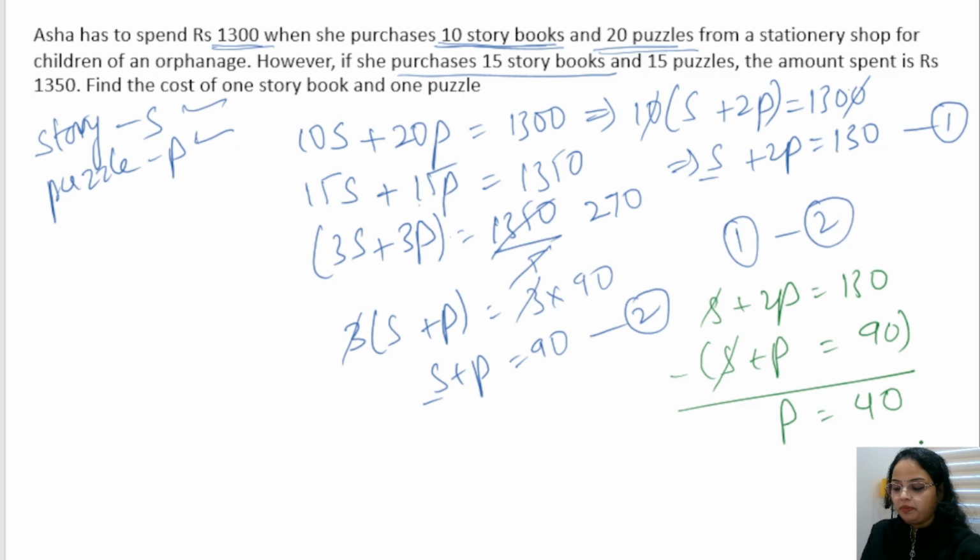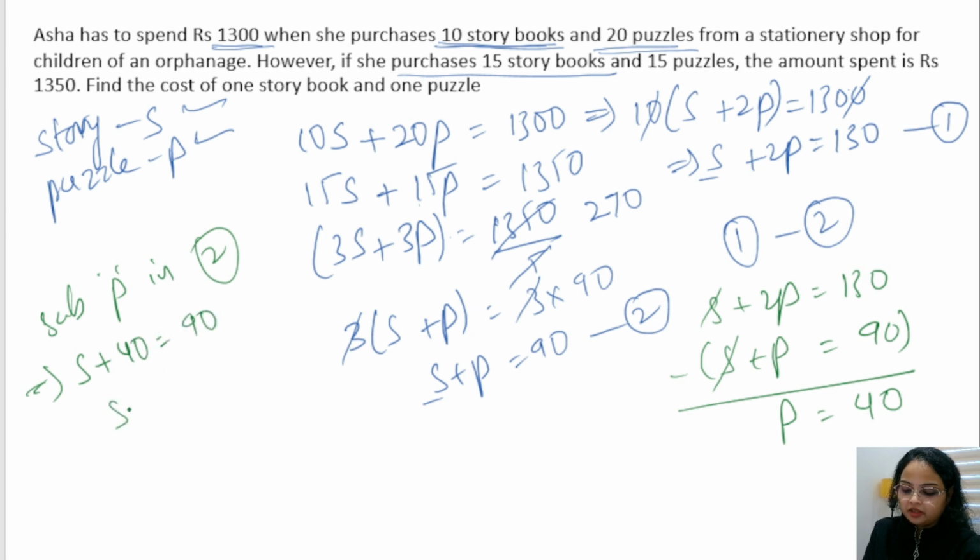So we got the P value as 40. We'll substitute the P value in the second equation. S + 40 = 90, S = 90 - 40 = 50. Therefore, the cost of one storybook is 50, and the cost of one puzzle is 40.